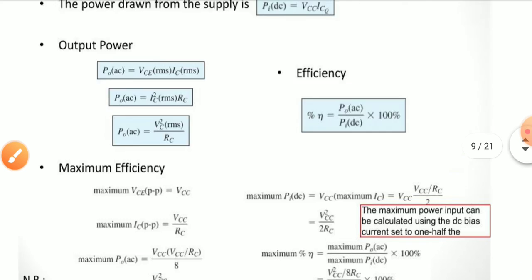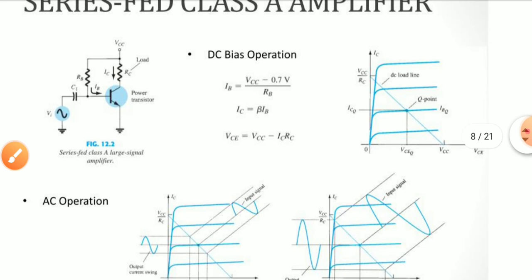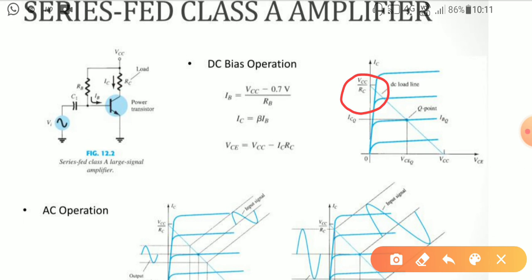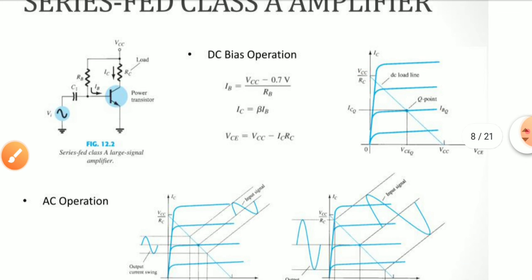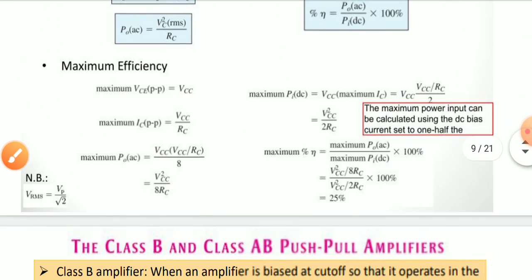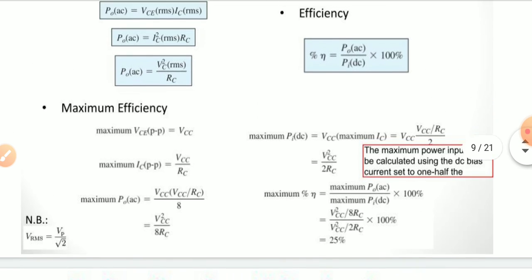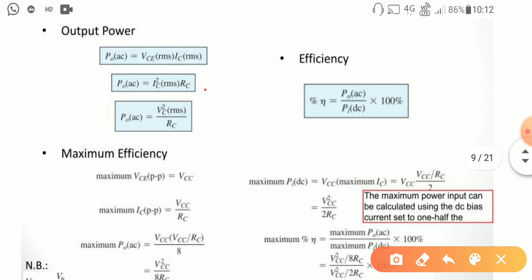You can check this position, where the maximum current is VCC by RC, and then the maximum PO AC is the RMS value of VC multiplied with the current. Anyone can use any of these equations.